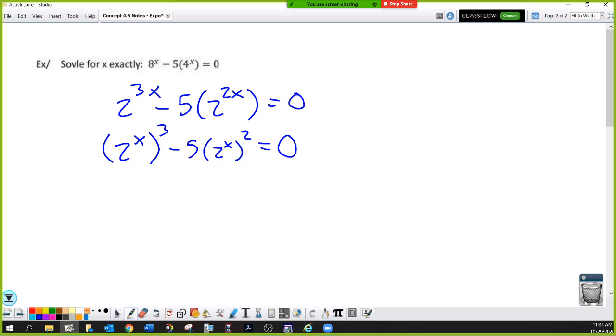It should be easier to see now how to factor this. 2 to the x squared is a GCF. It factors, and what it's going to leave me is 2 to the x minus 5.